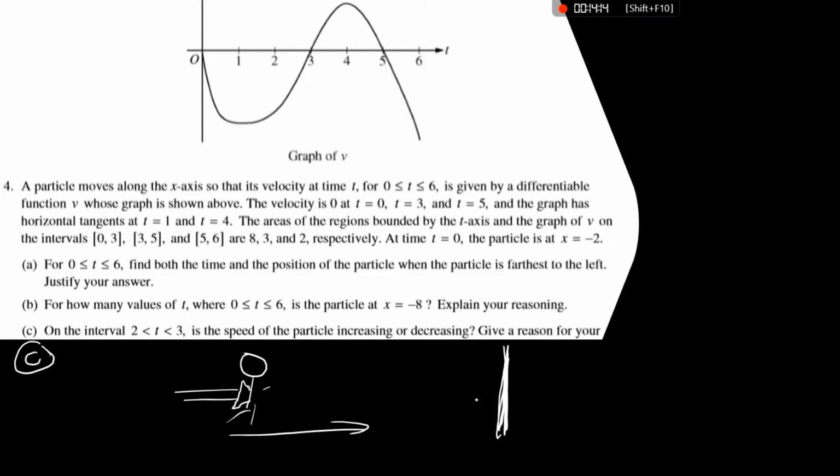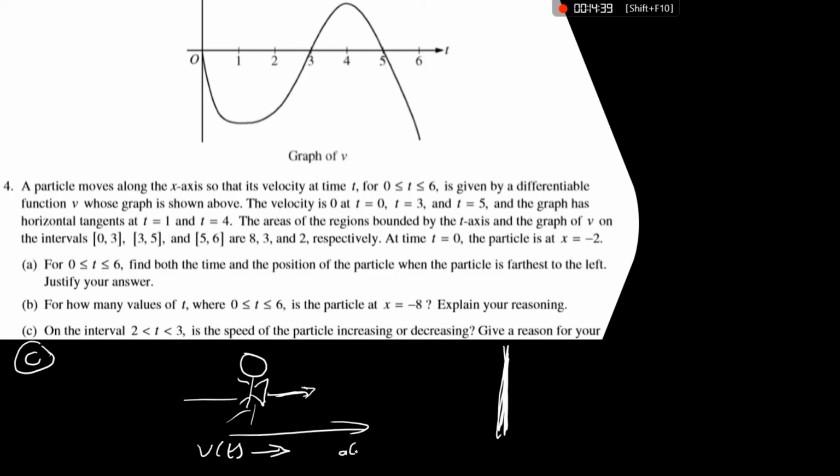So you turn yourself around and start to jetpack the other way, right? Are you going to be speeding up or slowing down? Slowing down, because your velocity right now is going to the right.